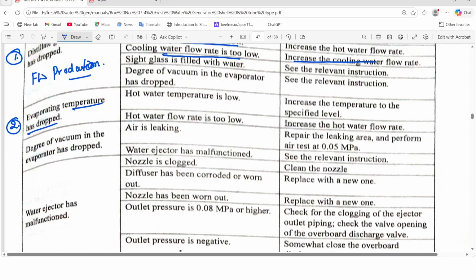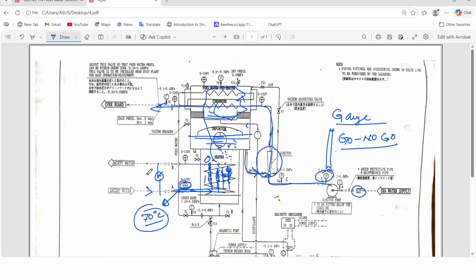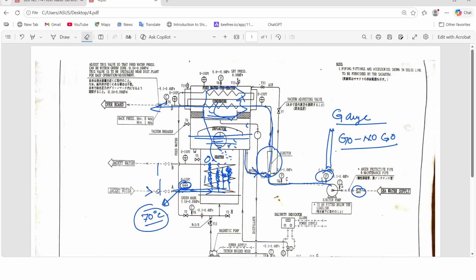The heating medium here is the jacket water. So if the heating medium has been affected, either the pressure has dropped, by that I mean the flow has dropped, or the temperature has dropped.